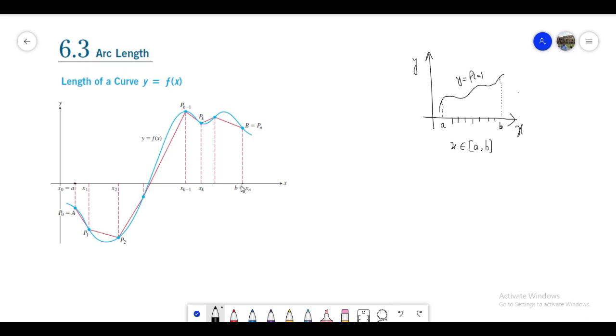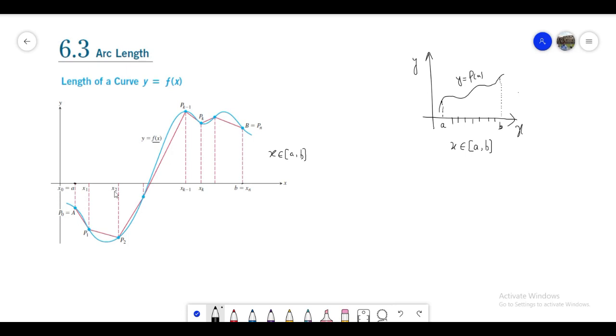In order to derive an integral formula for the length of the curve, we assume that the function f, represented by the blue curve, is continuous and a derivative exists at every point within the interval a comma b. The derivative exists at each point of the curve because the function is smooth, without any breaks or corners.